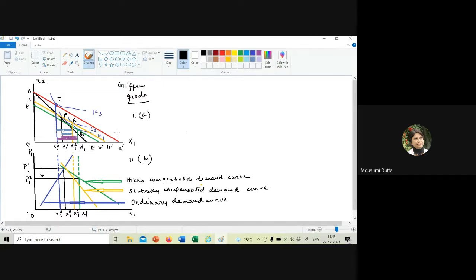Just tell me, could you complete this? Yes, ma'am. Anything, any part you could not understand in the drawing, or the substitution effect, income effect, measurement, what is happening in case of standard inferior good, what is happening in case of Giffen good. These things are okay with you, all of you?